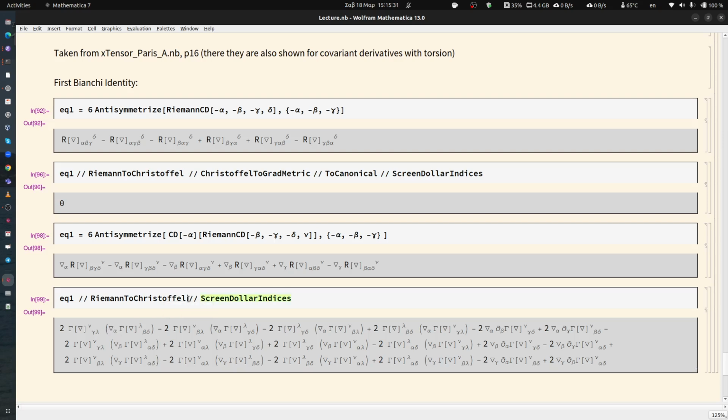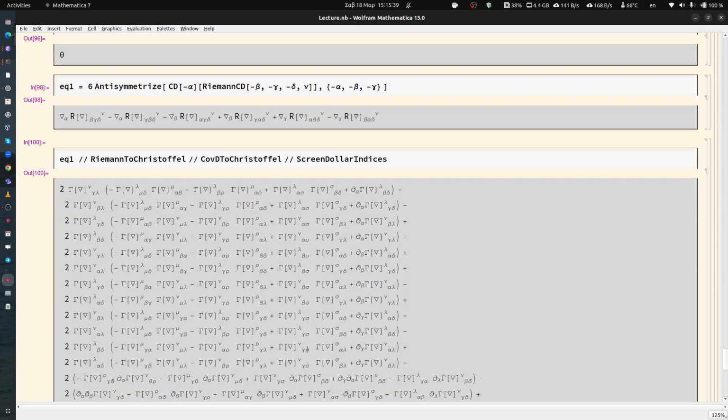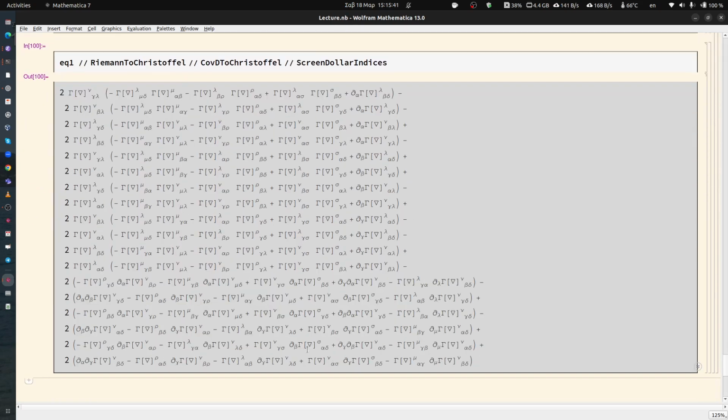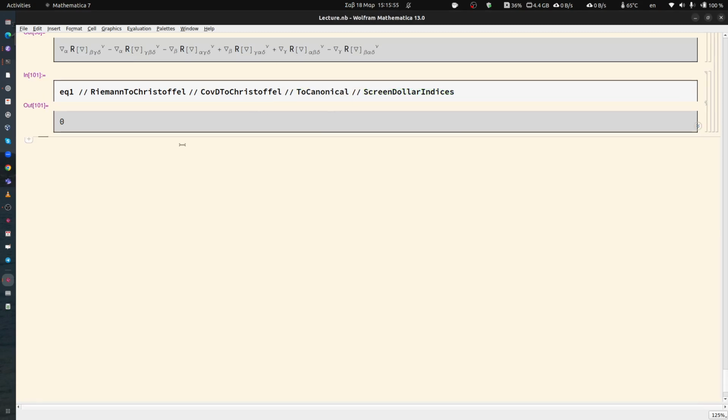So we can get rid of this covariant derivative by converting all covariant derivatives to Christoffel symbols. And we obtain this expression here. Again, this is a seemingly complicated expression, but xTensor can transform it to 0.